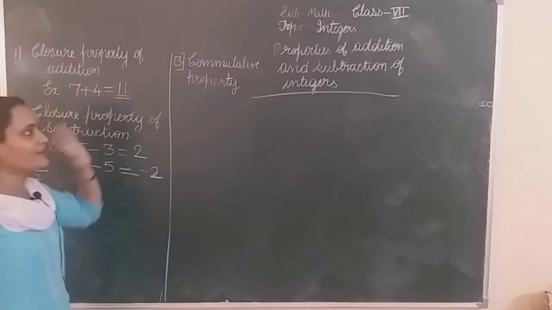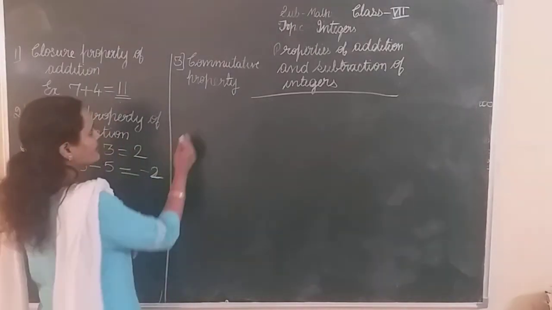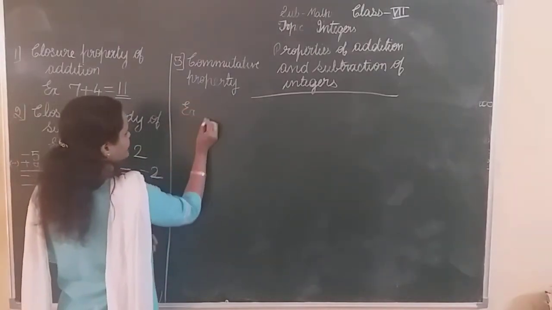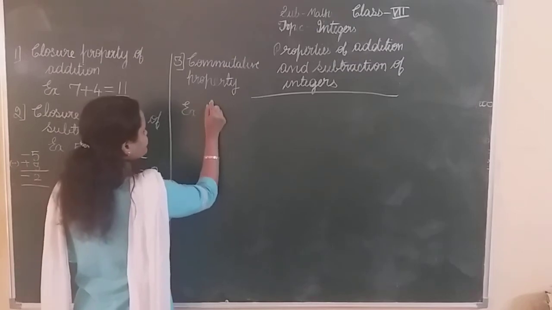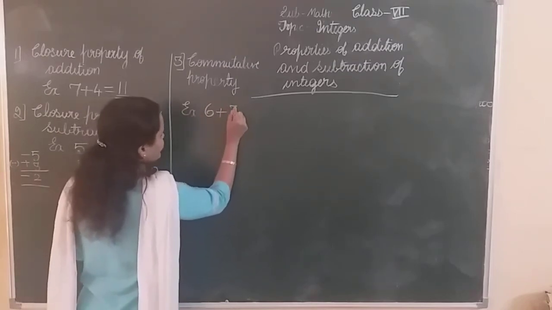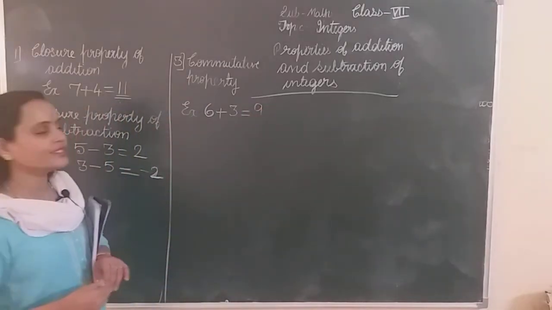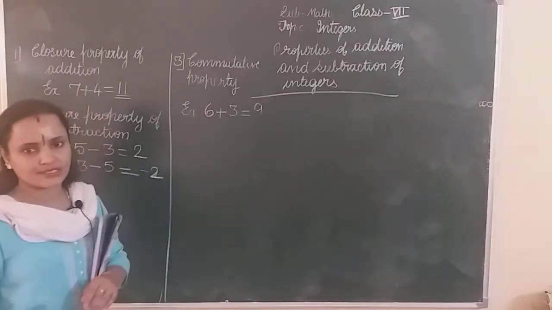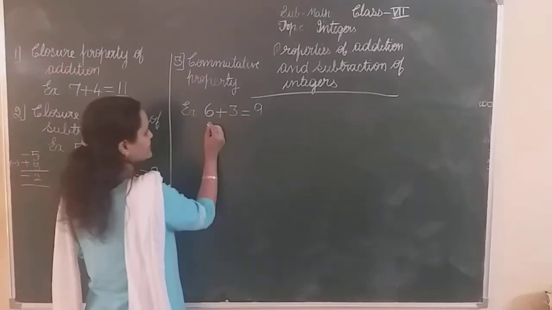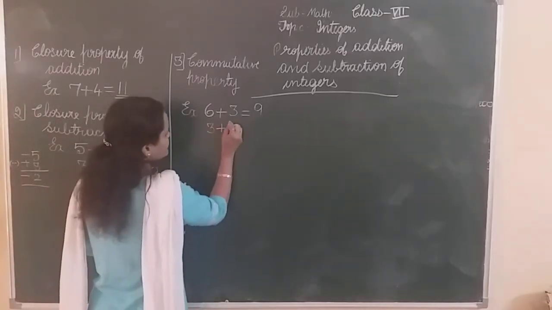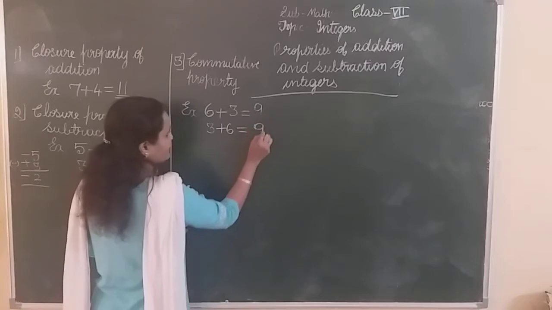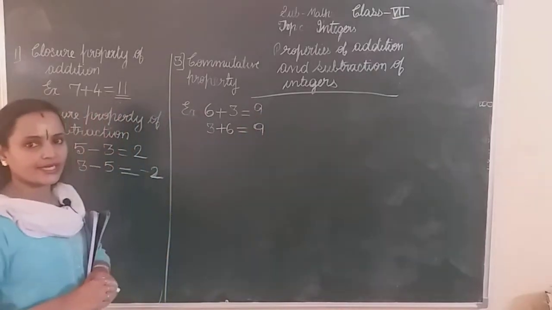What do you mean by commutative property? When I give you any two numbers, for example 6 plus 3, the answer you get is 9. Now I interchange the numbers. I write this first, 3 plus 6 is also 9. The result is the same.